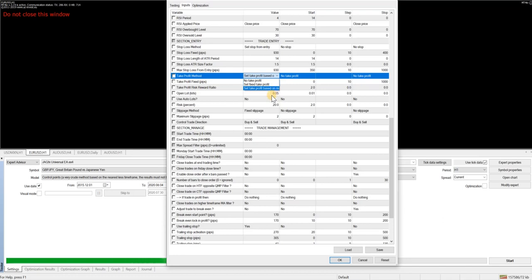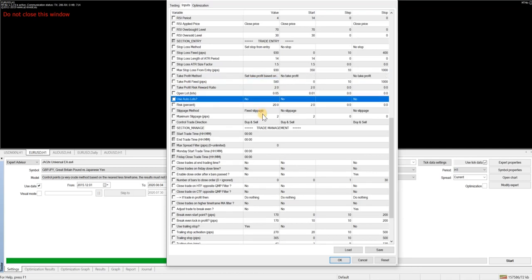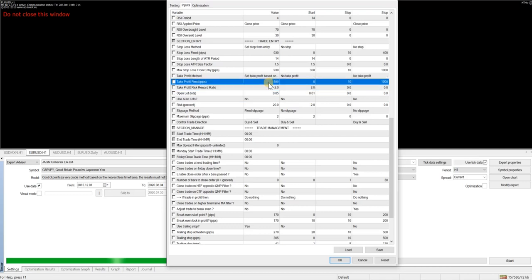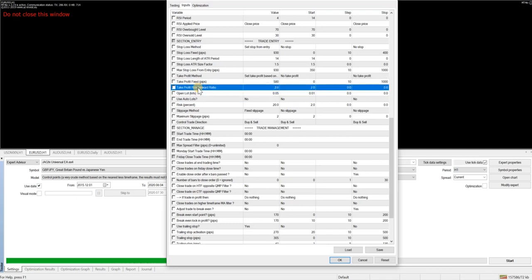I could just look down a bit. Oh yeah, here it is. Take profit, risk reward ratio. I knew I wasn't seeing anything. So you might have a stop 100 pips, put 2, you select 2 there, it'll take a target of 200 pips. So it just gives you a bit more variety.